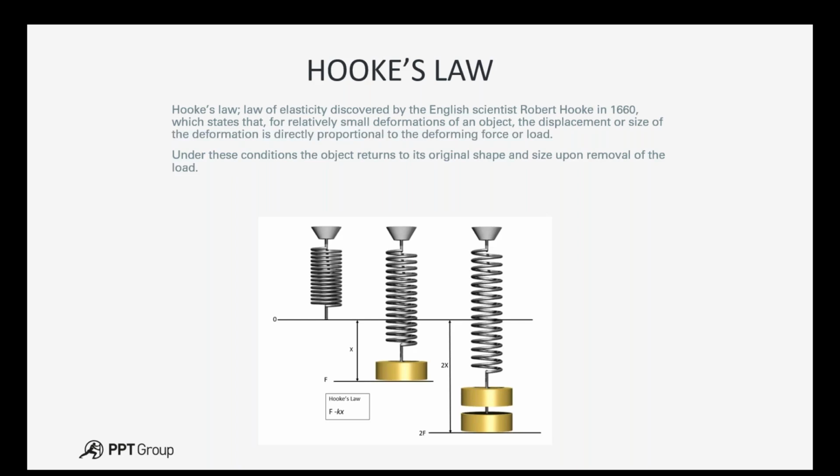So under these conditions, an object returns to its normal size when you remove the force. And you can see from the diagram there, if we add mass to the spring, we increase the spring length by X. We double the mass, we double the length of the spring, and so on and so forth. And this will keep increasing until we reach a point where it's no longer elastic. So this area, as we increase, is called the elastic region.